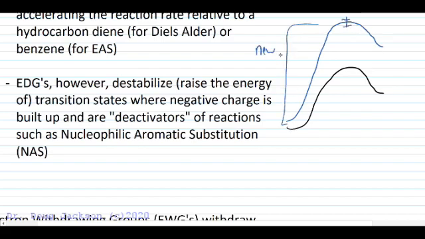So the new transition state energy is greater, and it would be a deactivator to nucleophilic substitution, these donating groups, because you're pumping too much air into an already full balloon is a good way to think about it, and it destabilizes that system.